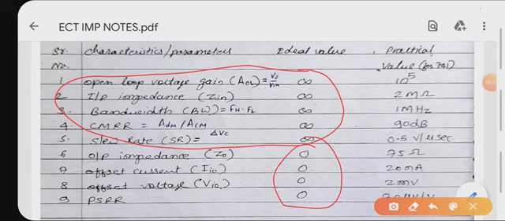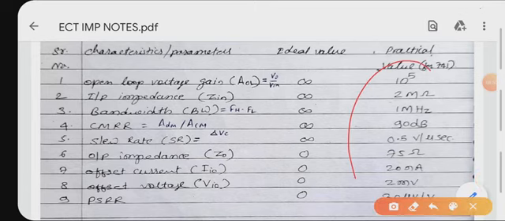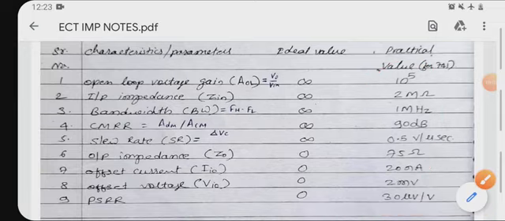Okay, so you have to keep in mind this. Then if you consider 741, the practical values are mentioned here, starting from the open loop voltage gain 10 to the power 5 to the PSRR, which is equal to 30 microvolt per volt, you can see in this table. Okay, so let us move further.